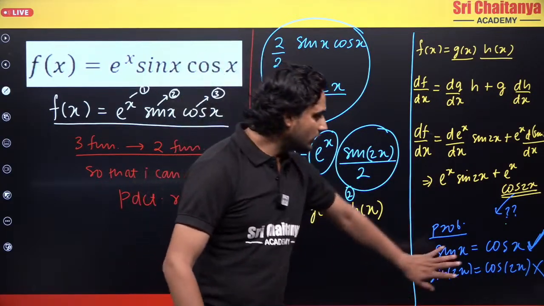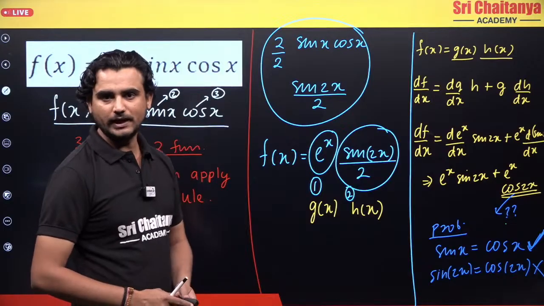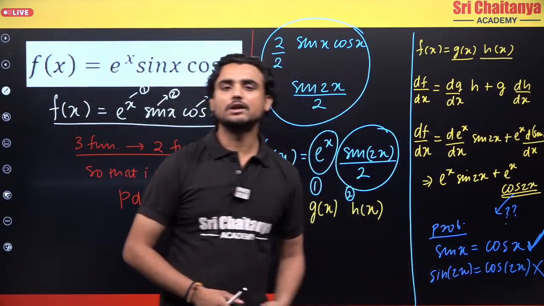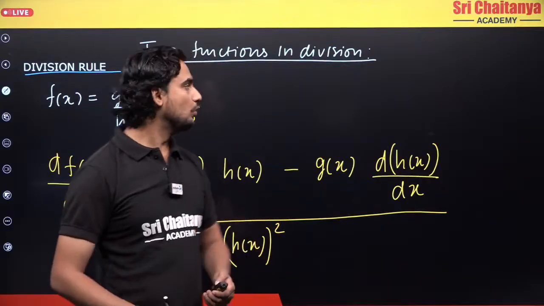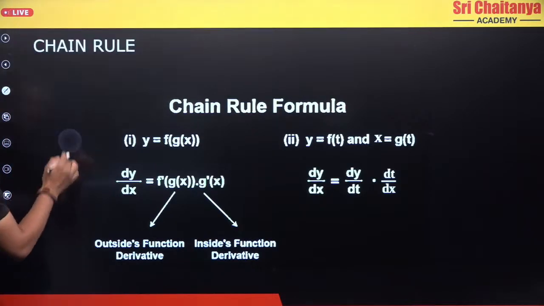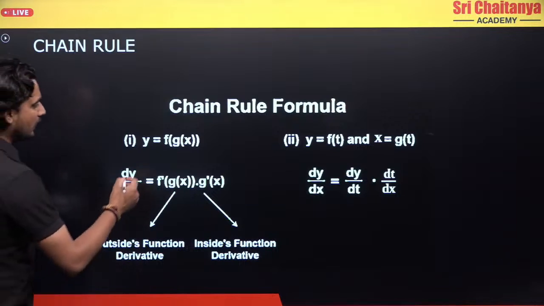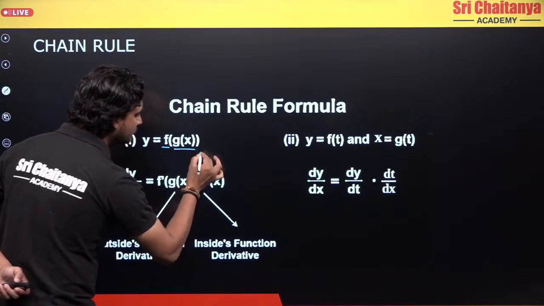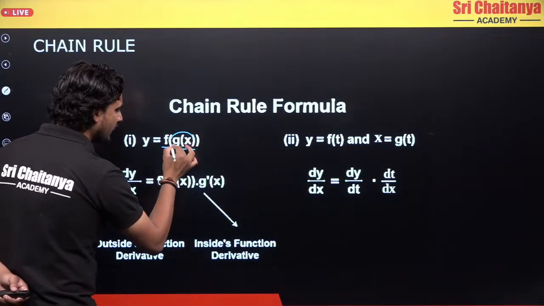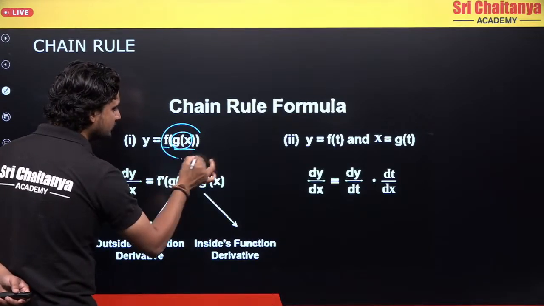So we are here to address this problem: what if we are stuck in some similar situation, how do we deal with it? There is a rule known as the chain rule, and that will help here. What is given? I have a function inside a function. I have the first function g(x), and this g(x) is inside f(x).